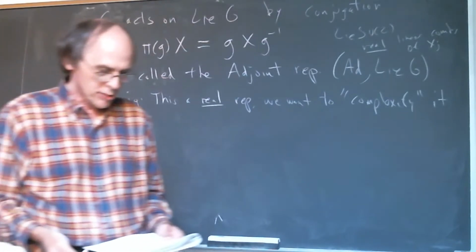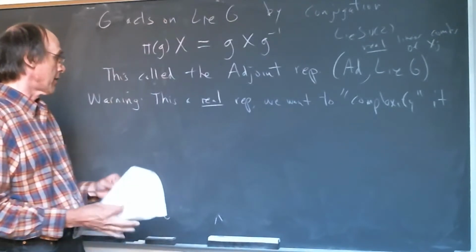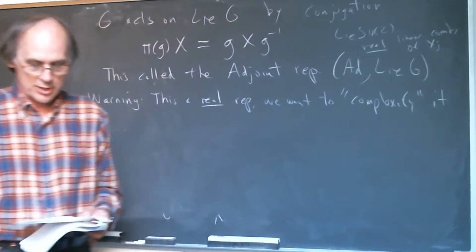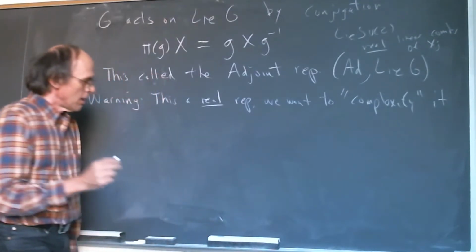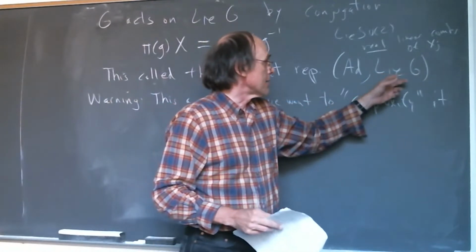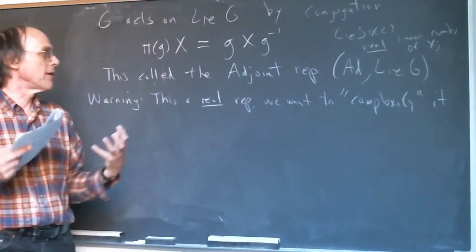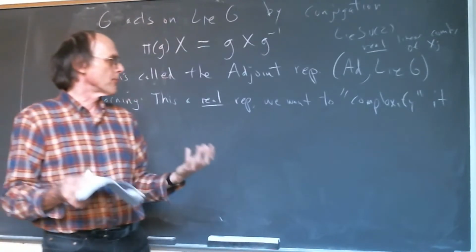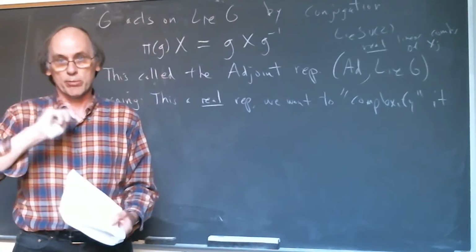Okay, so here we're going to get down to a crucial calculation. But first, let me give you the definition. There's something special about these vector spaces, corresponding to the fact that they come from group elements which have this nice property that you can multiply them.